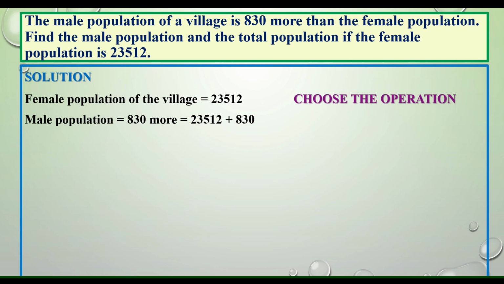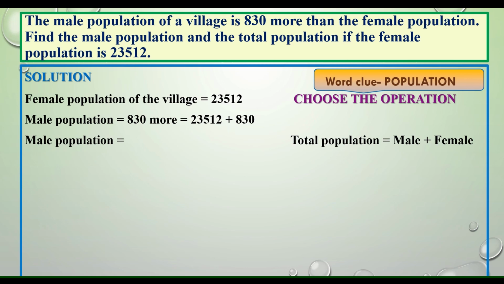Now male population is equal to 830 more than female population. So we will write the number of females 23,512 plus 830.